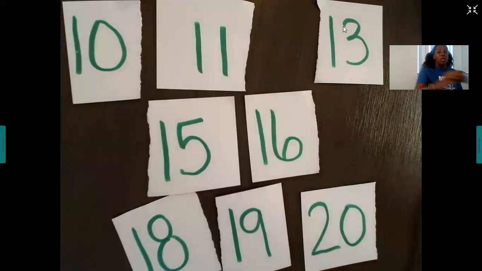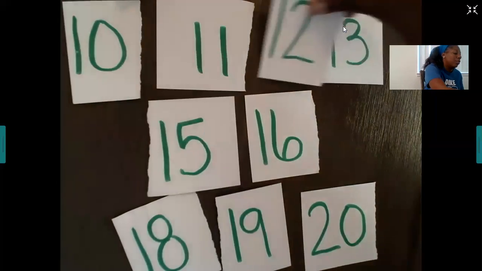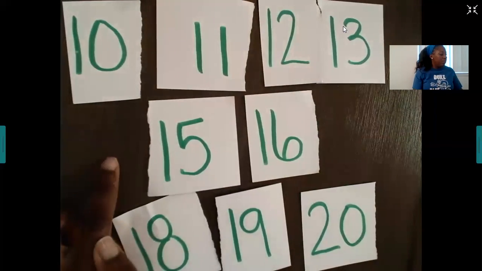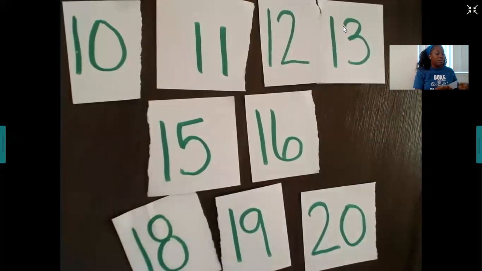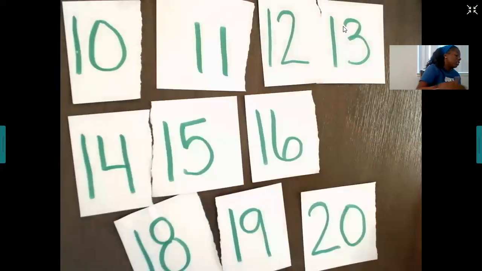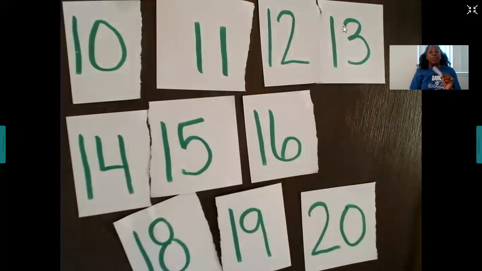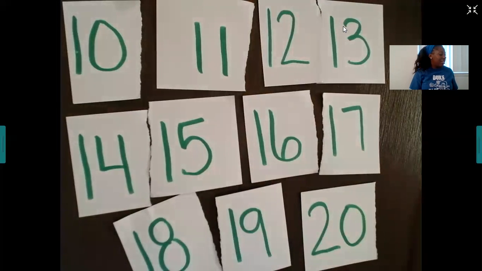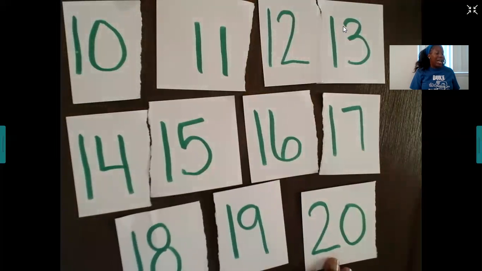I'm missing 12, 13. After 13 comes 14. I'm missing 14. 15, 16, 17. After 16 comes 17. 18, 19, and 20.